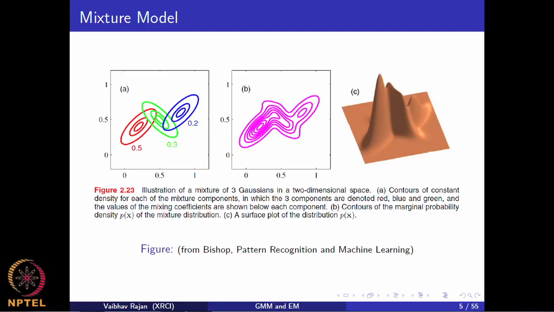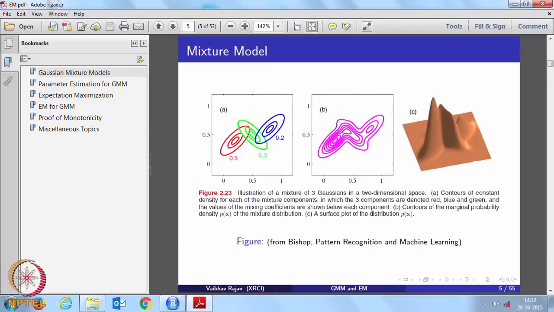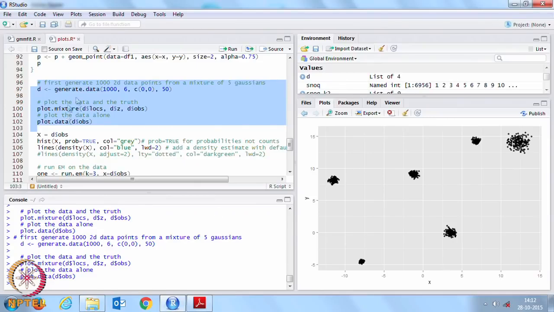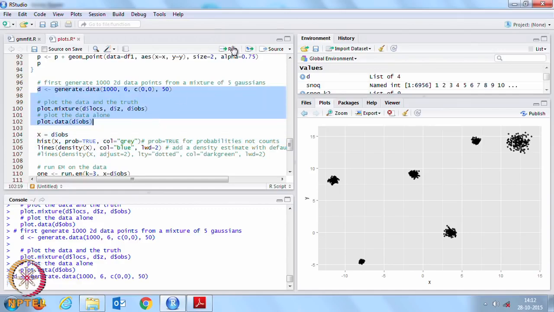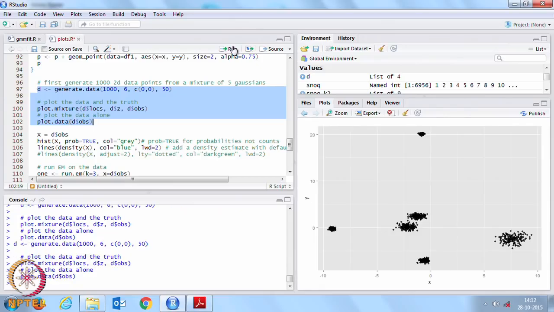Let me show you some more examples of these densities. Again I generated from 6 different components.